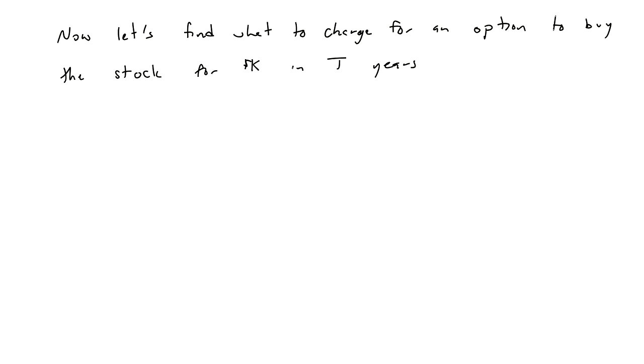A little thing, there are different types of options. In a general way, there is what's called a European option and what's called an American option. In the European option, the only time you can buy it is at the end of the T years, whereas for the American option, if it's set up the same way, you can buy it any time up until T years.